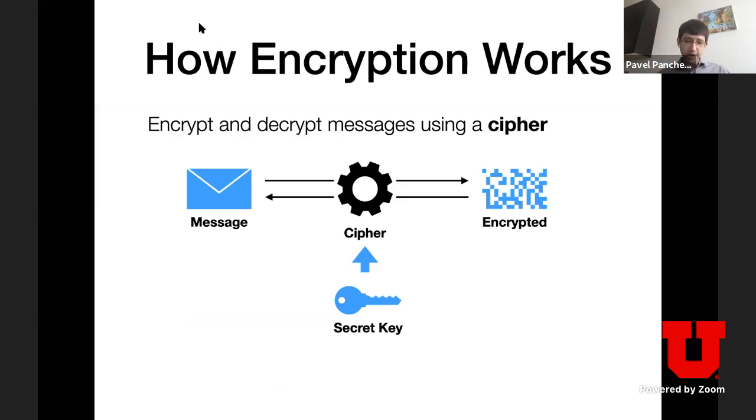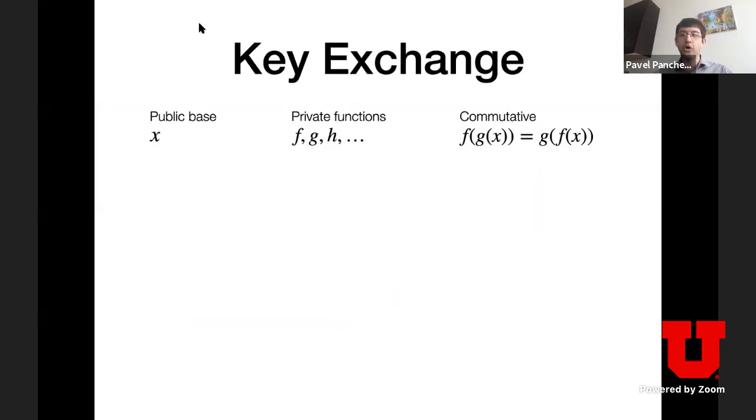But about 50 years ago now, I think that's about right, a different method was invented for coming up with this secret key. And it's quite clever. The idea is called key exchange. So the goal here is to have two parties, the browser and the server, for example, agree on a key without having to meet each other ahead of time or have any other kind of prearranged setup.